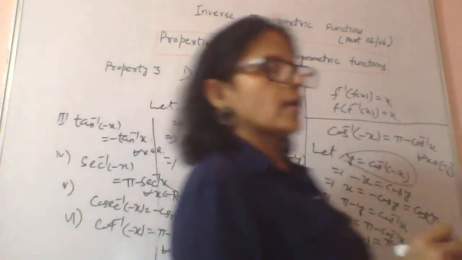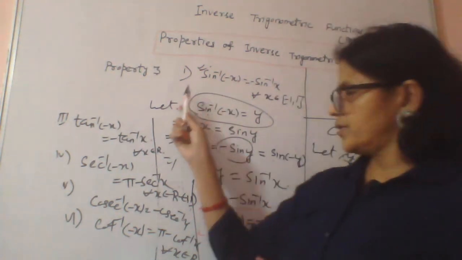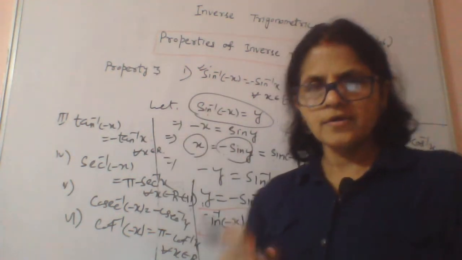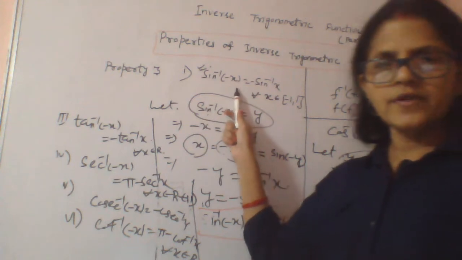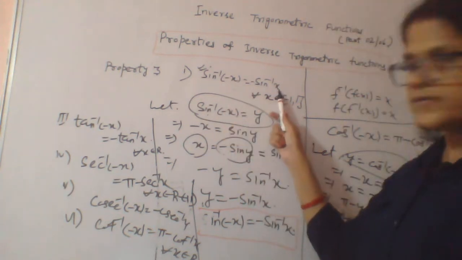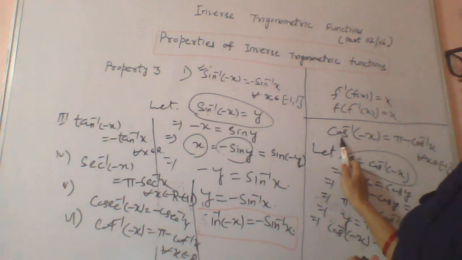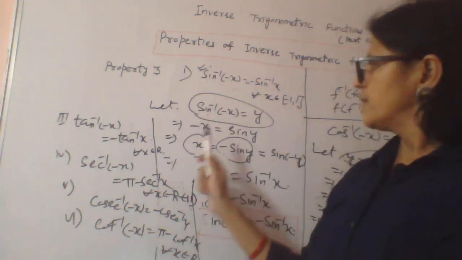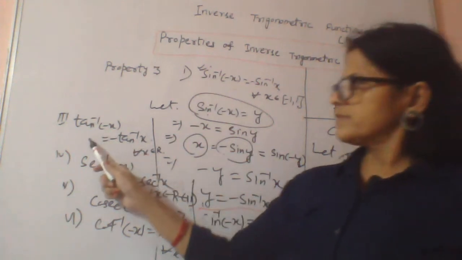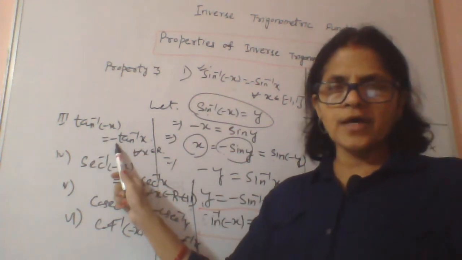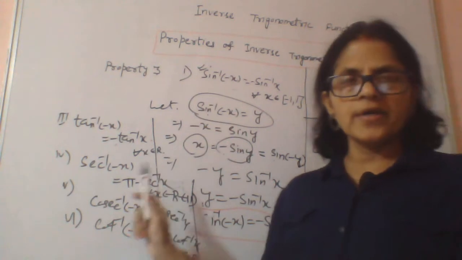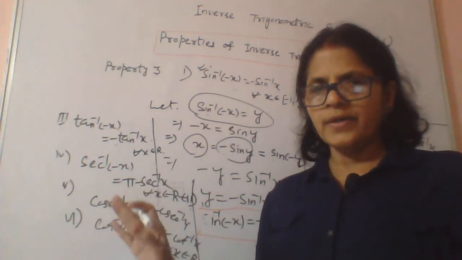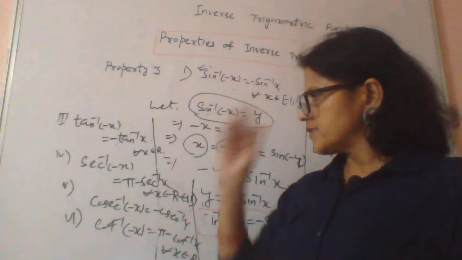So if you look at property number 3, we have 6 parts. First one is sin inverse minus x equal to minus sin inverse x. Then cos inverse minus x is pi minus cos inverse x, and tan inverse minus x is minus tan inverse x. And please do not forget to keep the domain into consideration.